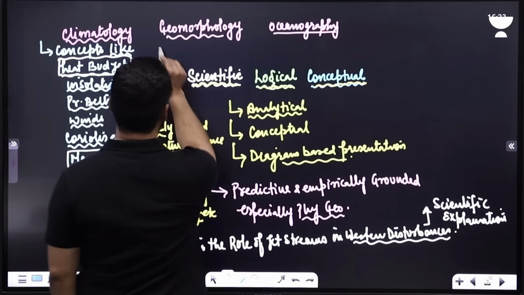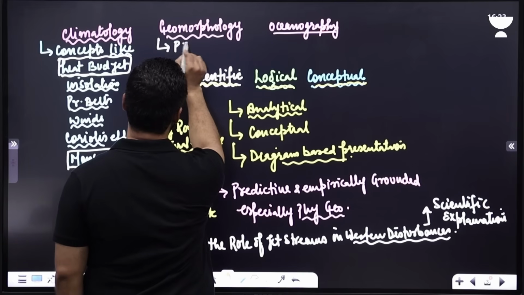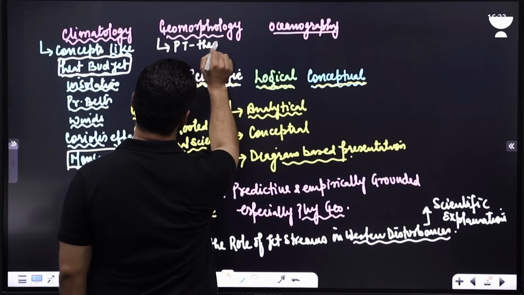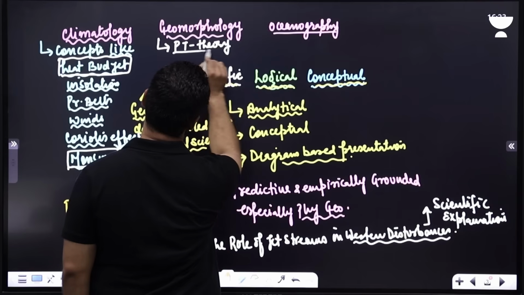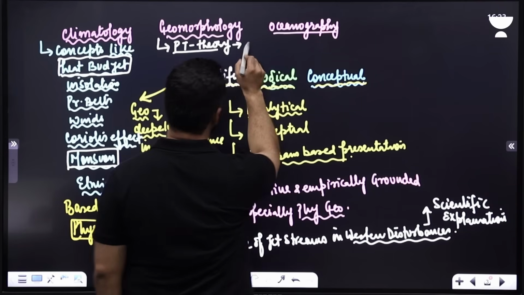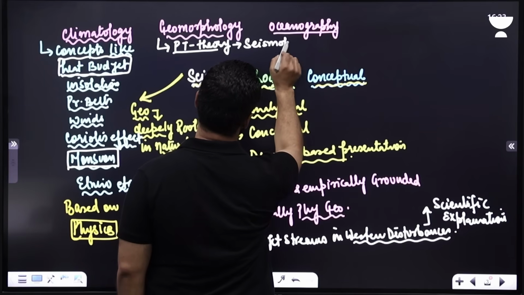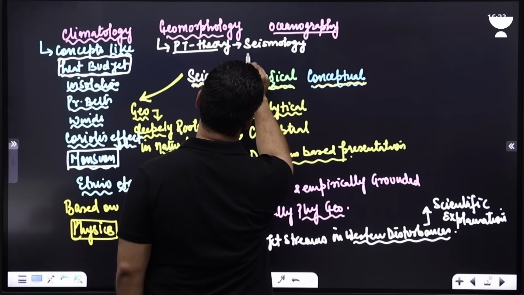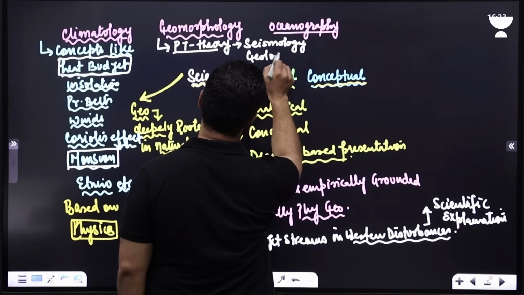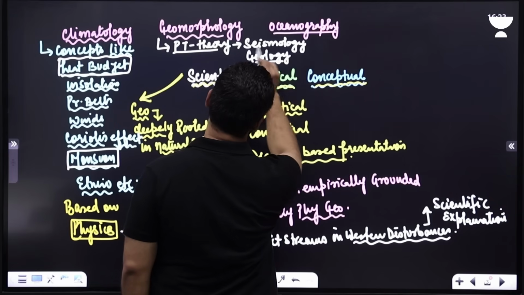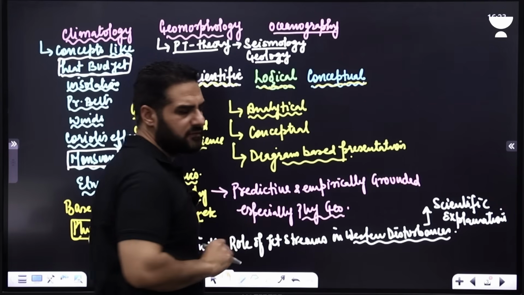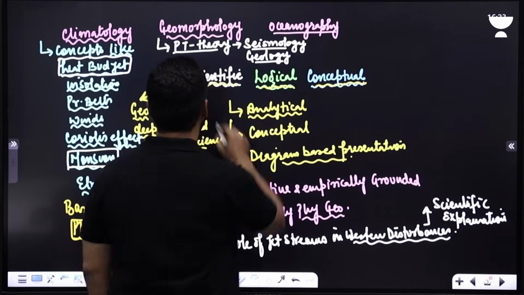In geomorphology, concepts like plate tectonics theory require seismology and concepts of geology, which again itself are the scientific explanations.